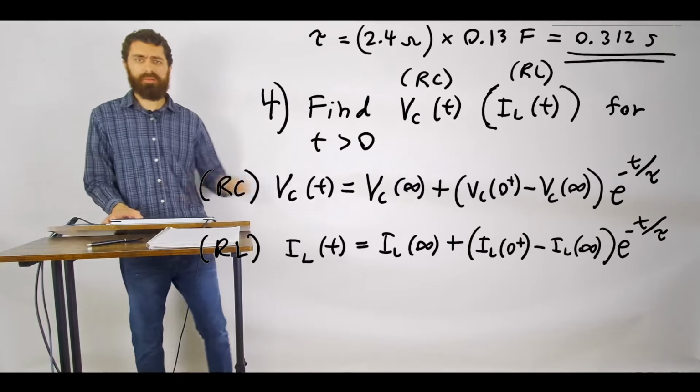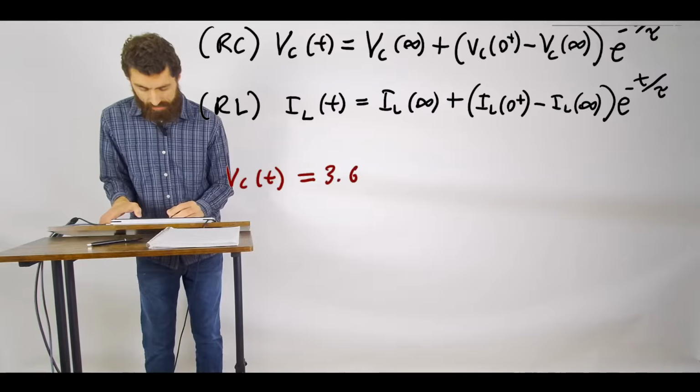So what we can do is plug and chug with this formula. Because we're doing an RC circuit, we'll plug it into here. So let's go to our example. VC of t is going to be equal to our VC of infinity, which we calculated as 3.6 volts.